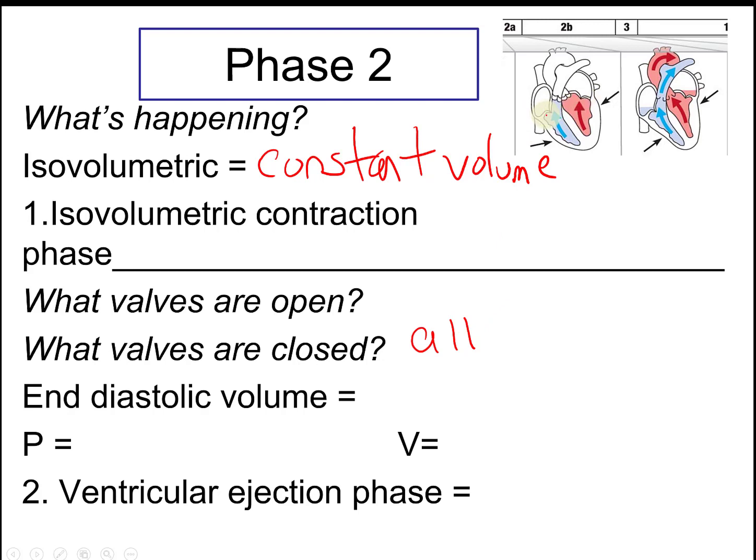So which ones are open? None of them. And what's happening now, well, this is a split second in time when the valves are closed and the volume of blood in both ventricles is constant.